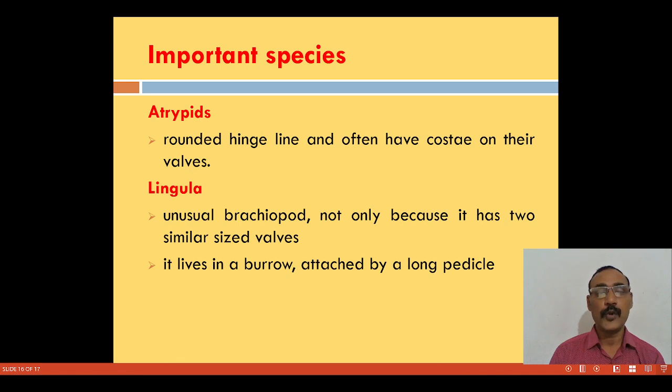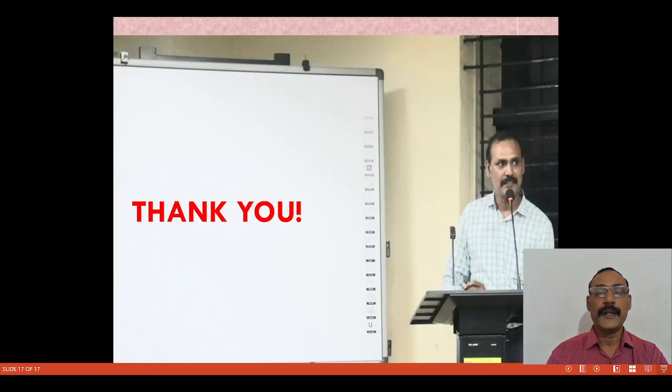It is an unusual brachiopod not only because it has two similar-sized valves. We already know there are brachial and pedicle valves; here they are the same size. It lives in burrows, attached by a long pedicle.